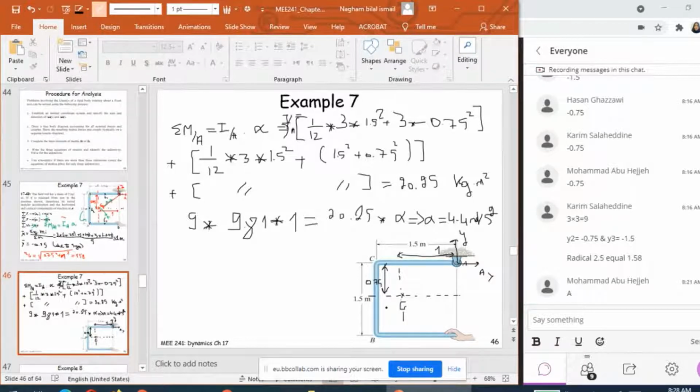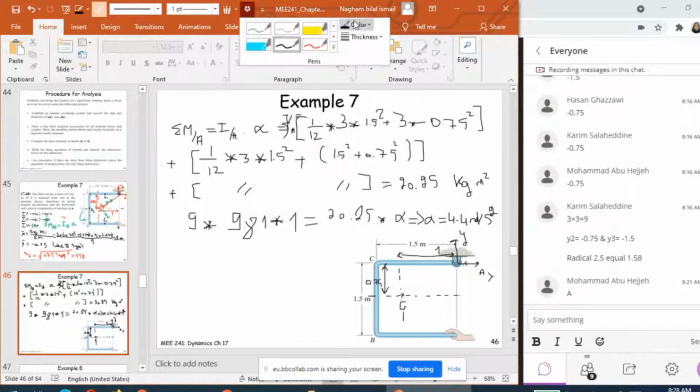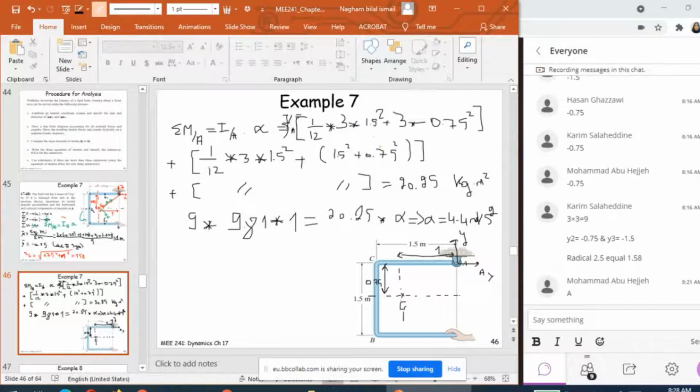Which means, guys, if I put the tangential and normal direction, so let's say this is, as I said, the tangential, and this is the normal.